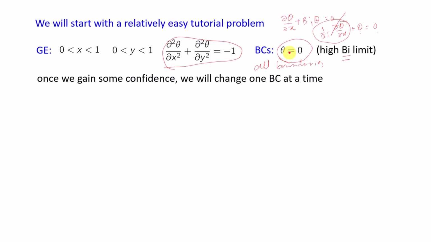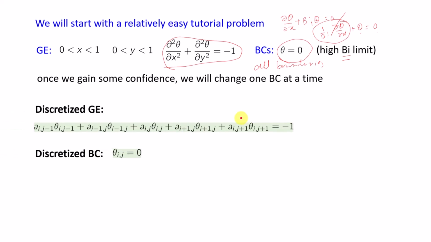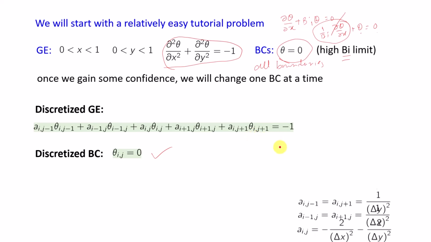All right, before we proceed, I want you to note a few things down on pen and paper. I will not write it once again. I'll now go back to the code window. So the discretized governing equations, please write them on pen and paper. And these are the discretized boundary conditions on all boundaries. That is trivial, but the discretized governing equation, write it on a piece of paper.